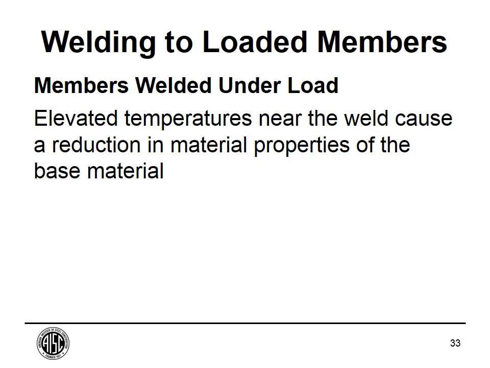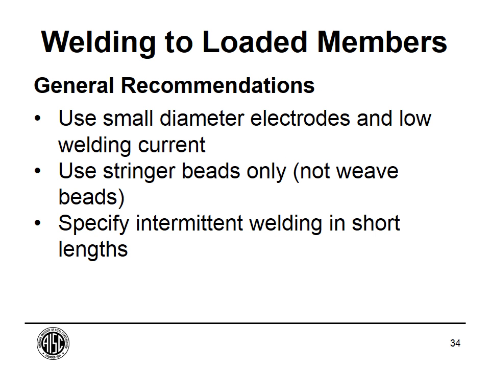This is kind of an interesting topic, and what happens is that your welding is obviously going to cause heat input into the base metal, and as the base metal gets hotter, as the temperature goes up, the material properties go down, and that applies to the modulus of elasticity and the ultimate strength and the yield strength. So the first thing I'm going to do is give you some general recommendations, and then we're going to move on to some detailed analysis of this.